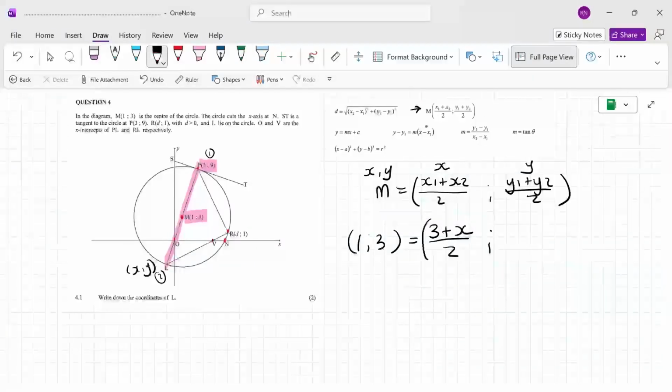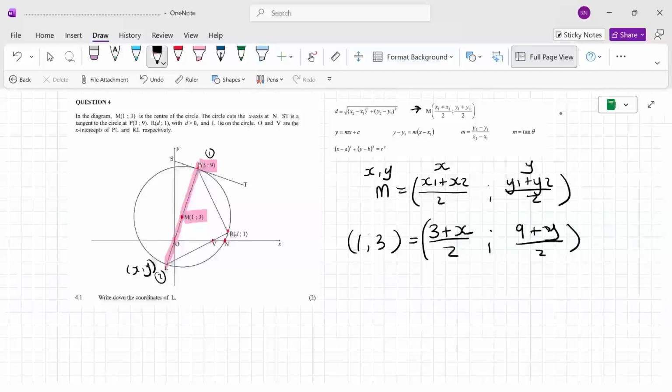And my y version of that is going to be 9 plus y over 2, right? Now my midpoint tells me what these two numbers are going to be: this is going to be 1 and this is going to be 3.